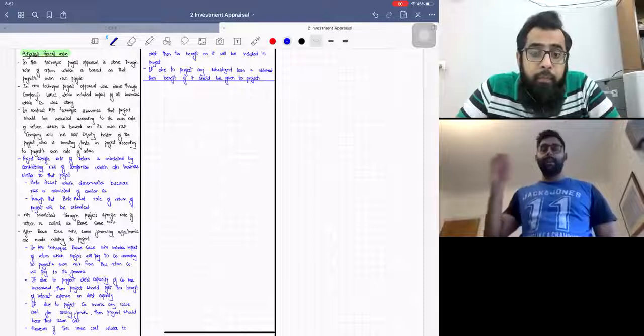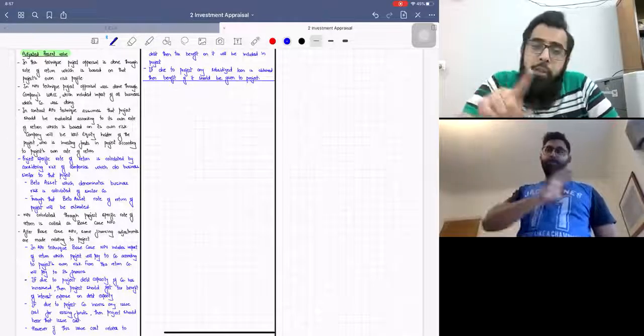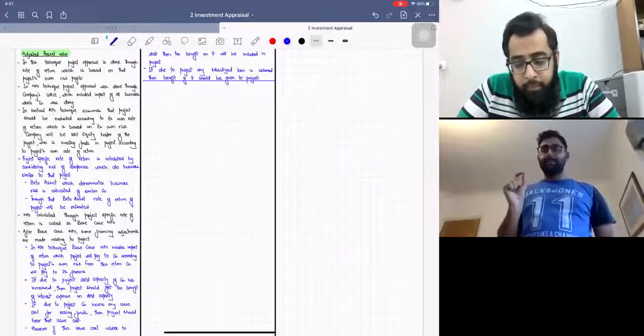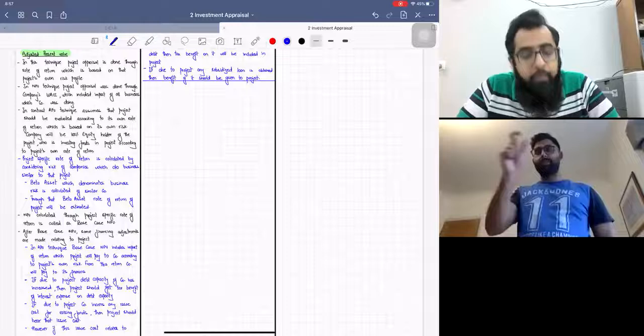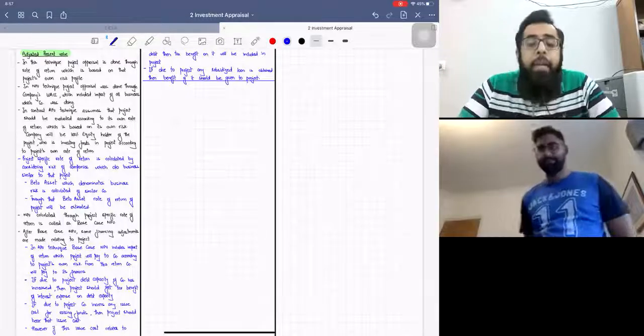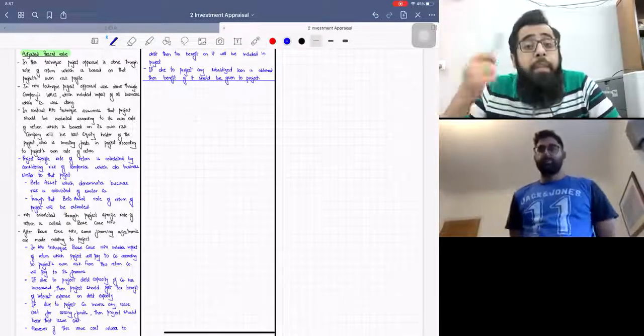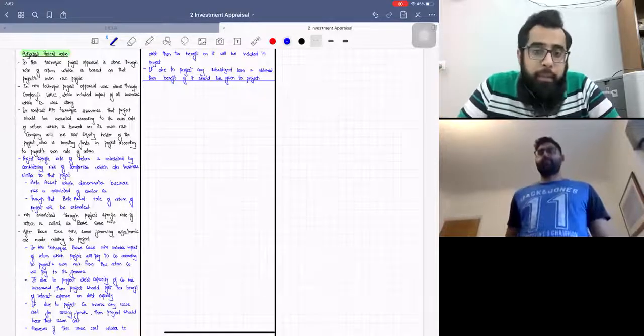Yes. And if the project is in any area where the government is giving subsidized loans, then that benefit should also be given to the project.